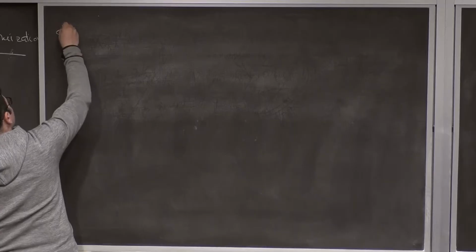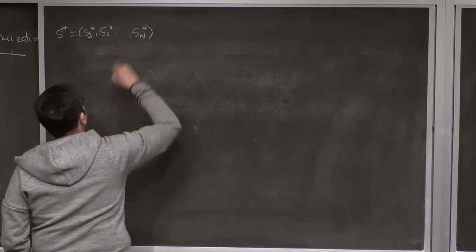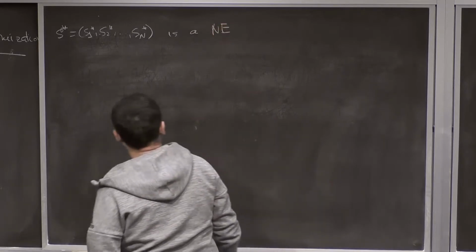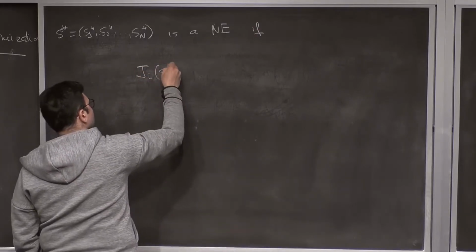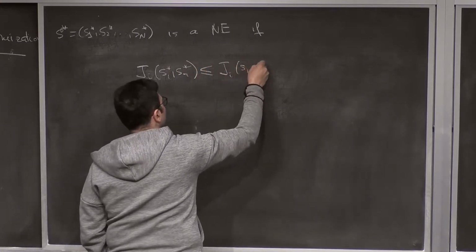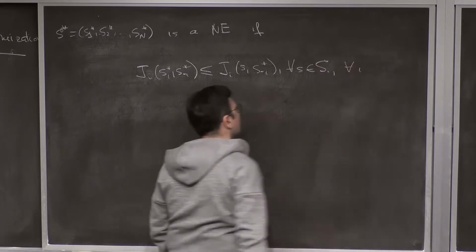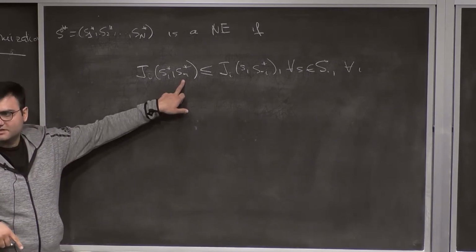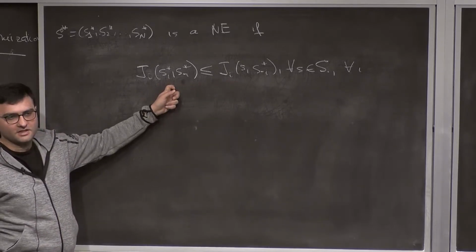s star is a Nash equilibrium if, given that the actions of the other agents are frozen at the equilibrium, so they don't change, player i cannot do better than its current position.